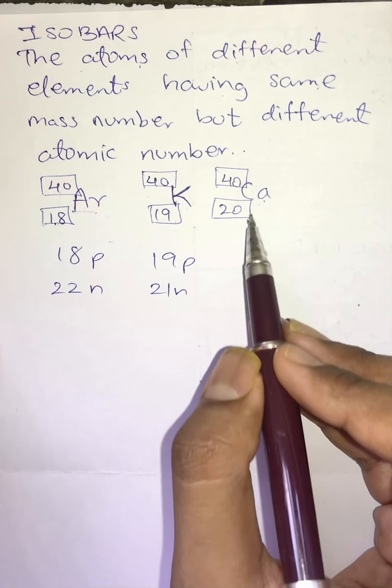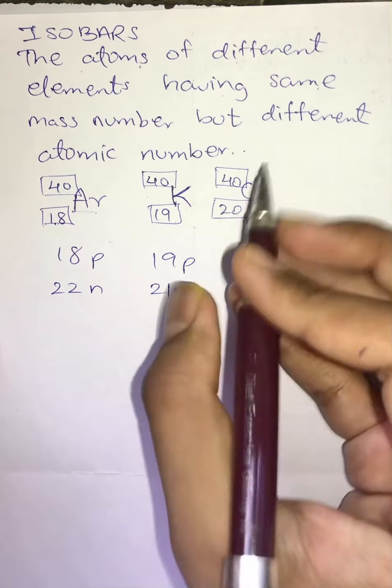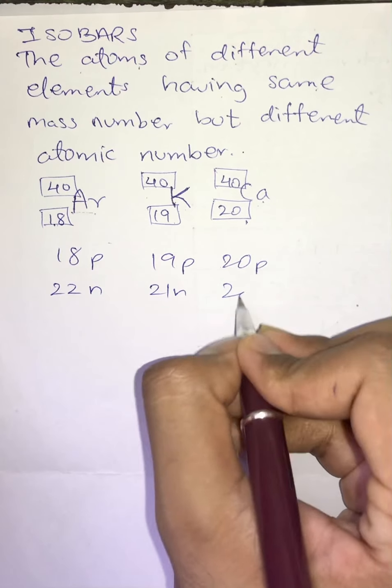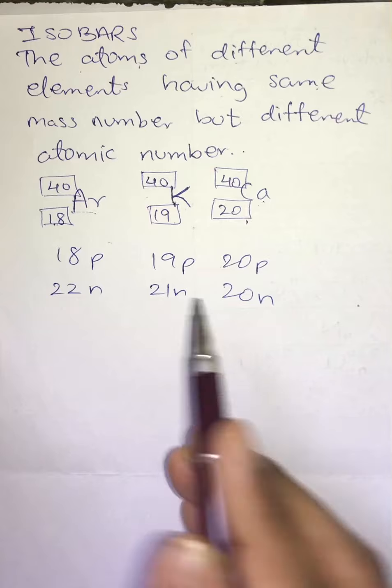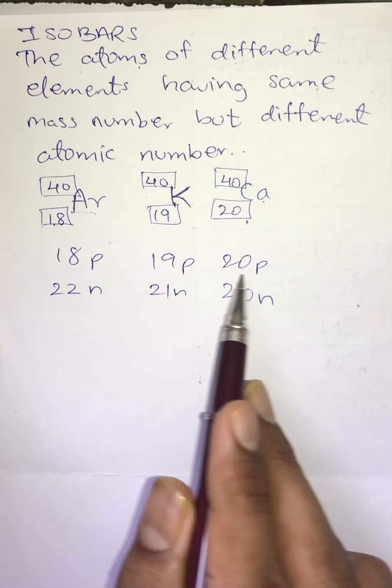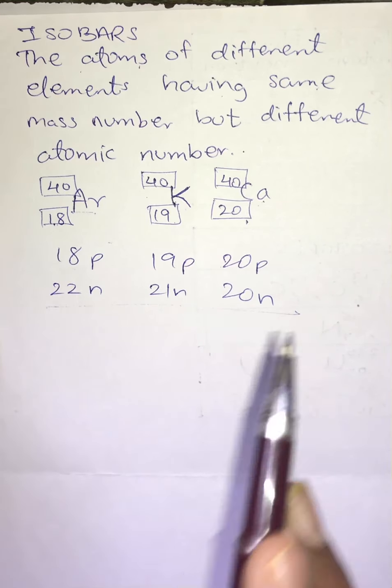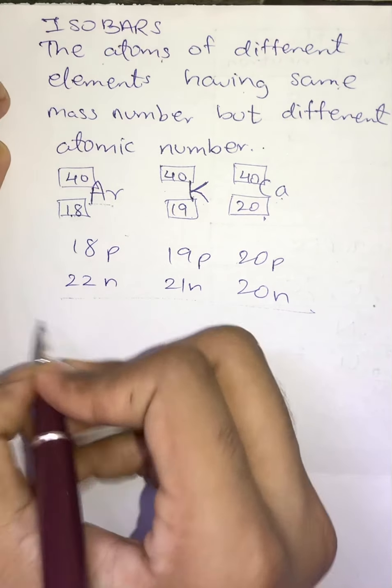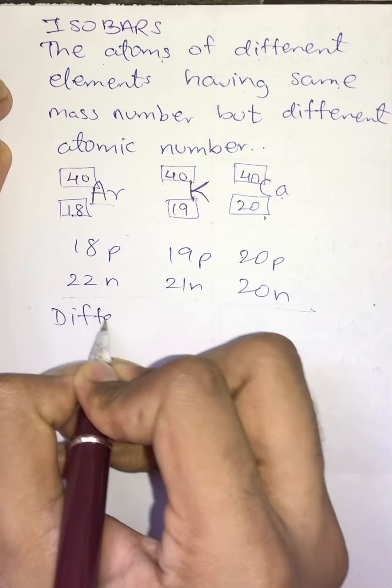So here in calcium we have 20 protons and 40 minus 20 will give you what, 20 neutrons. So here nothing is constant, protons are not constant and neutrons are also not constant. So we don't have another second definition for it, but I have a special property of this, that they differ in chemical properties.